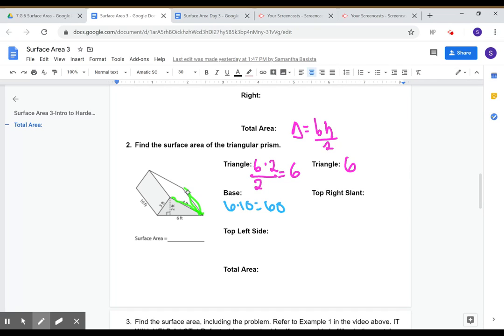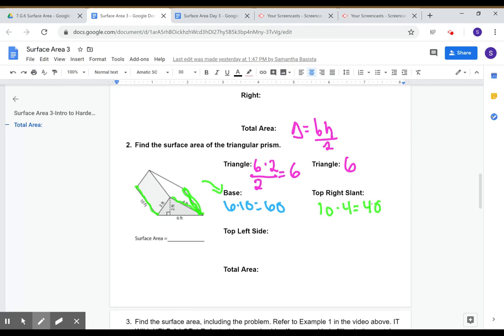If they don't give me that number, always look at your other numbers because it is there for you. Just go parallel to it. If I keep going straight across, I see this is 10. So I know this side is also 10. I made that rectangle, so it's 10 times 4, which is 40.